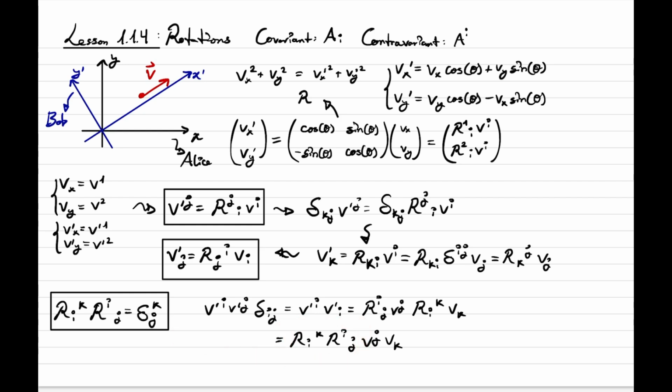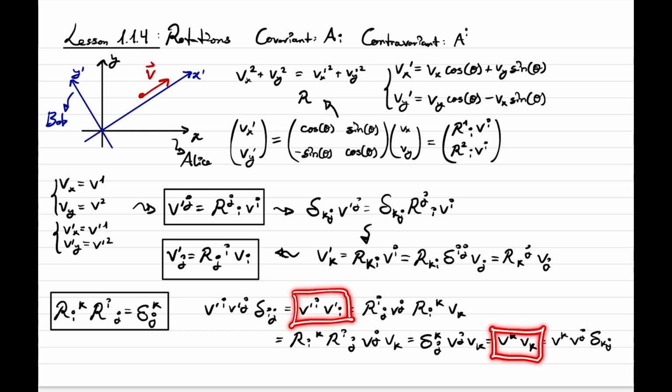This is really delta kj vj vk, which is simply vk vk, and this is just the contraction, the scalar product of the two vectors. So we see that this is an invariant when we transform upon rotations.